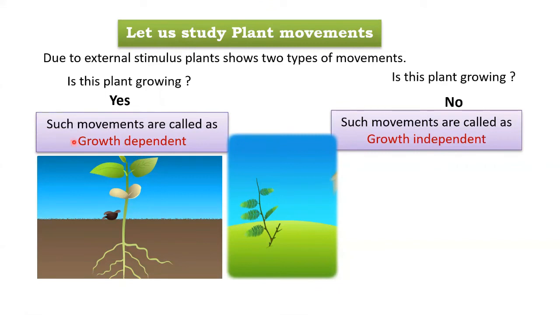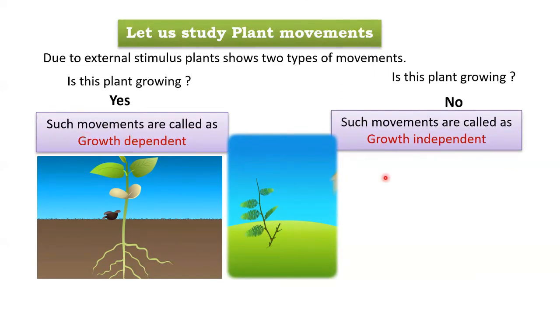There is one kind of movement which is called growth dependent. It means that unless there is growth, that kind of movement will not be exhibited. The other one is growth independent movement, in which whether or not growth takes place, movement will still be there, right? So this is how we can understand growth dependent and growth independent movement.